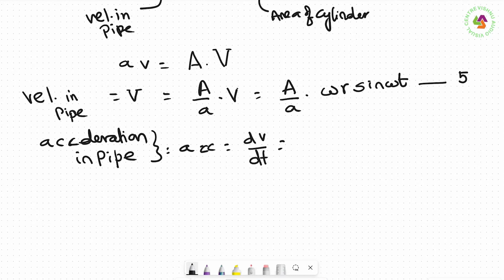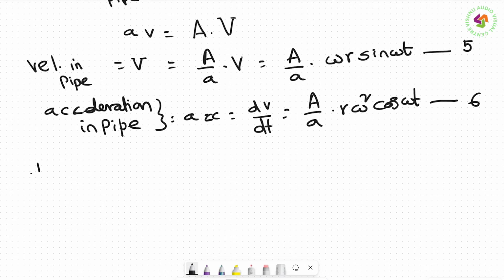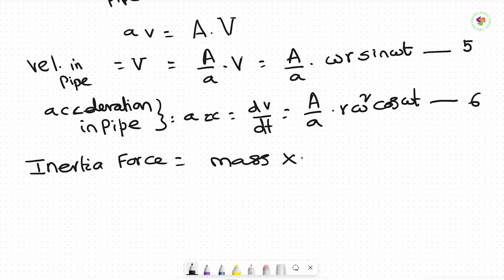If I do that, how much it will be? A by a into r omega square cos omega t. Then what is the inertia force is equal to mass into acceleration.